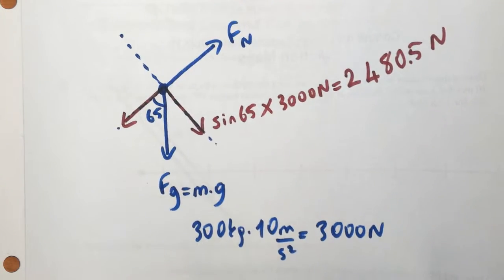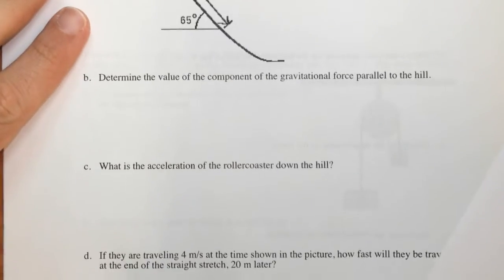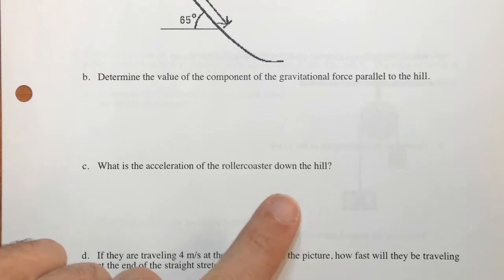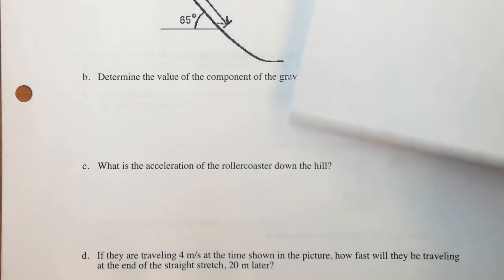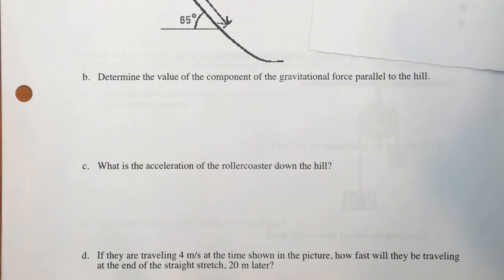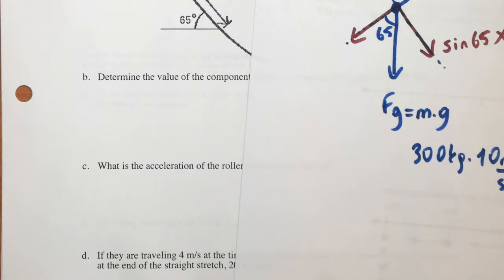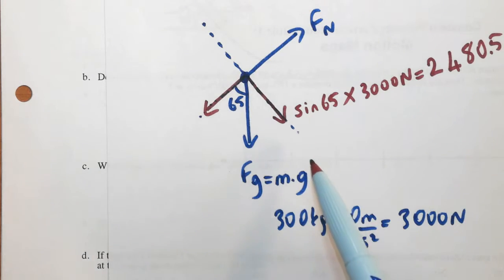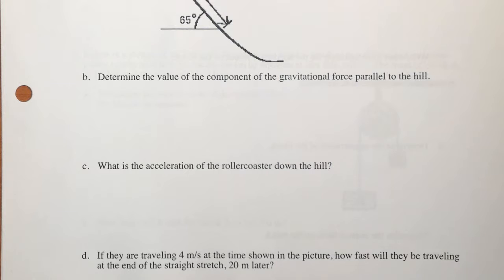Okay, so right now let's find the acceleration of the roller coaster down the hill. At this time, I'm going to use the force parallel to the hill, which is this one, and the mass of the roller coaster, and I'm going to find the acceleration.